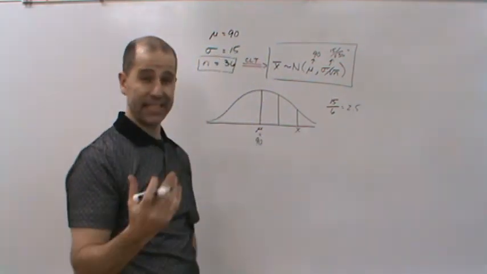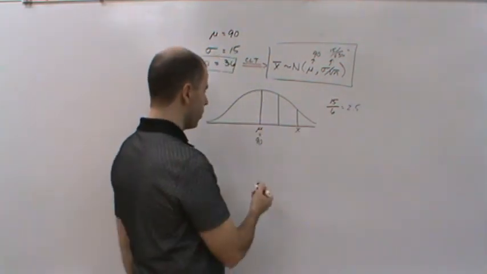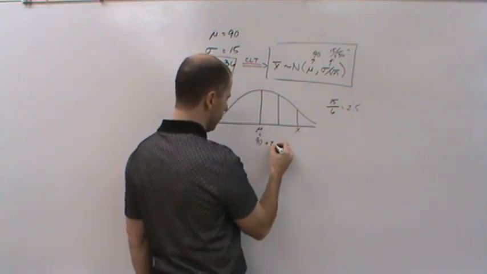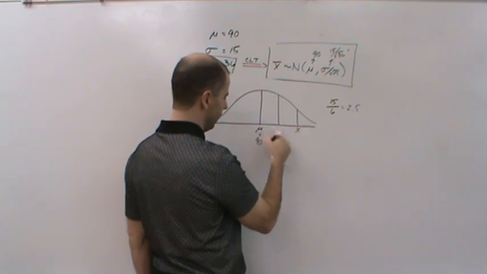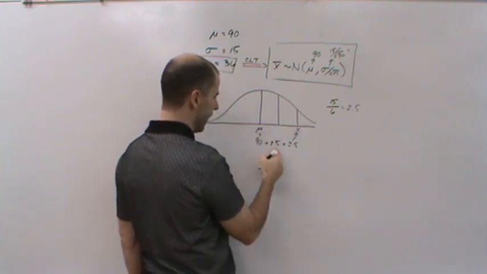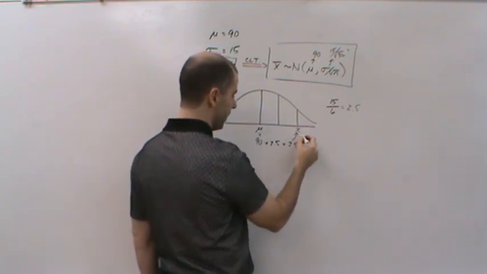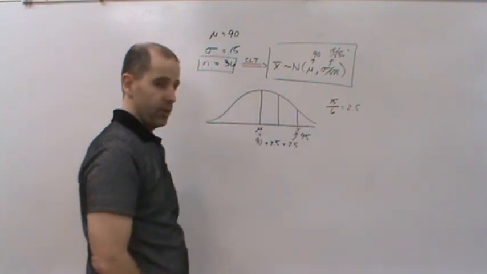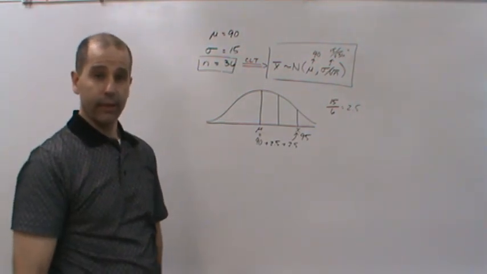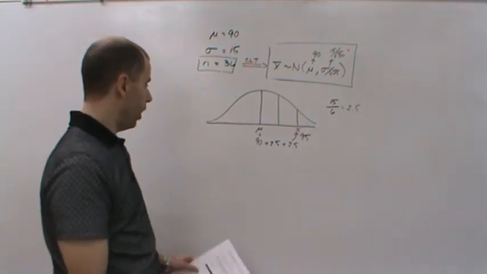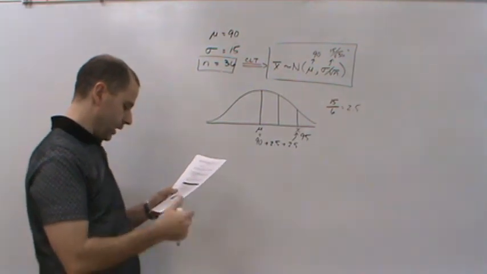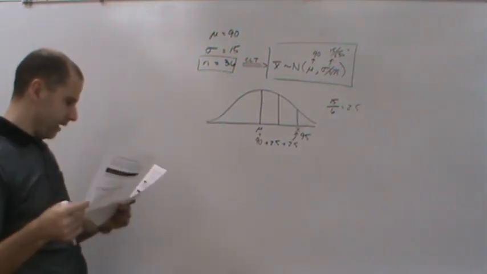So 2.5 is the standard deviation for x bar. So if we go 2 standard deviations above 90, well, what is that? That's plus 2.5. That'll take us here. Plus another 2.5 will take us right there. So it's 90 plus 5. So this is 95. So that's the x value. That's it. Okay? So all we did was add 2 standard deviations to 90, and that's the answer. So the answer is 95.